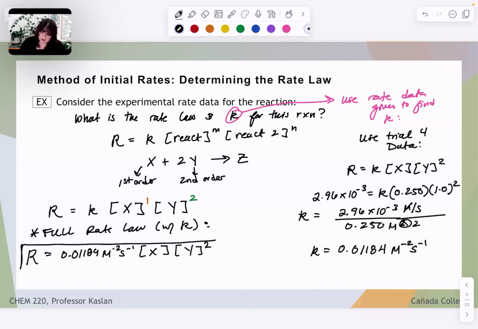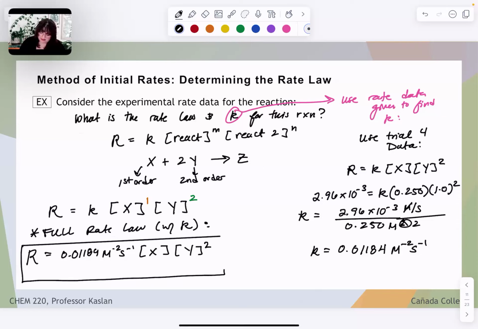This is the experimental rate law as determined from experimental data. And it just so happens in this case that this tends to agree with the stoichiometric model of our reaction. But that's not always true.